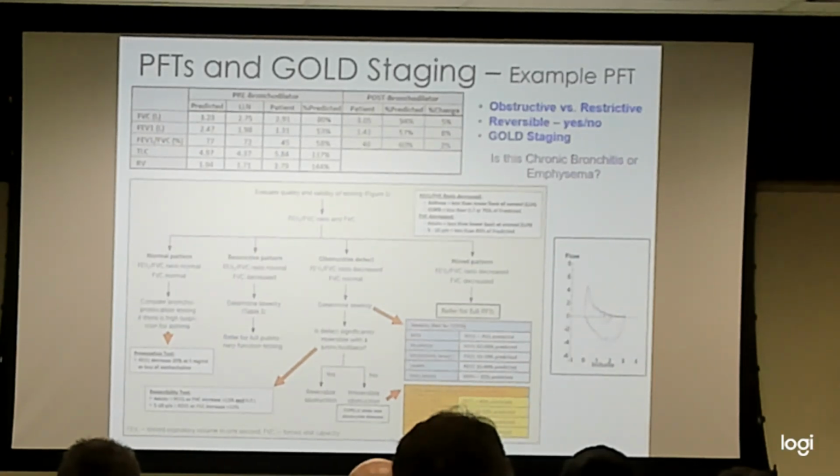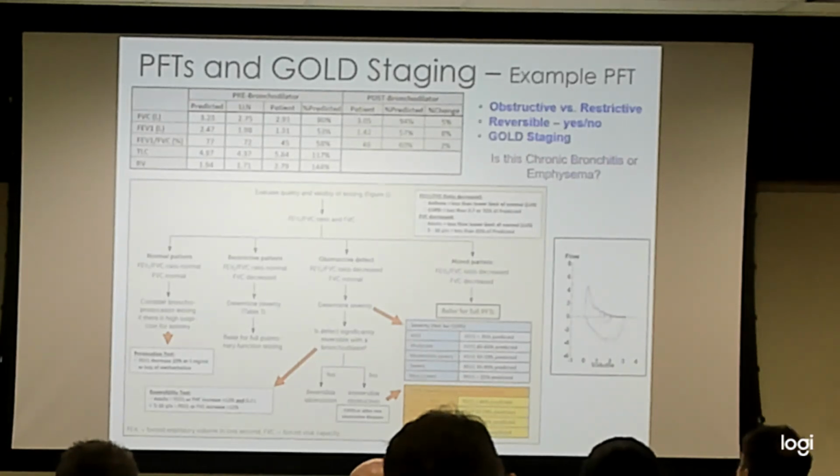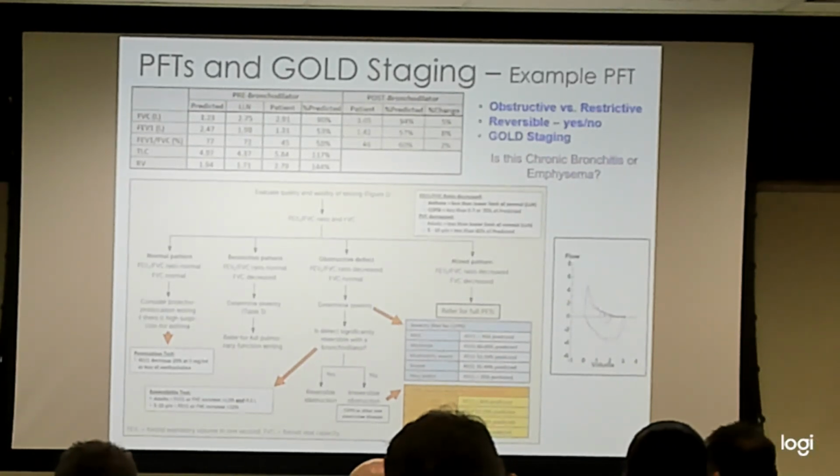That's it. But it's nothing that we're ever really going to use clinically. So once we determine that it's obstructive, we come down here. We've already determined that it's non-reversible. And then we talk about COPD versus other disorders. When we call it COPD, again, this is post-bronchodilator, this is how we GOLD stage.